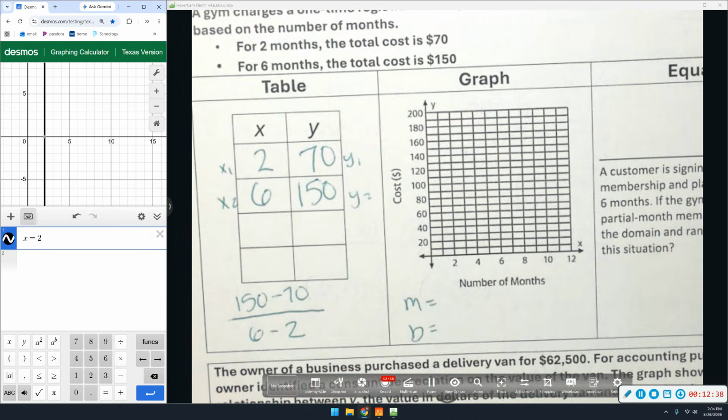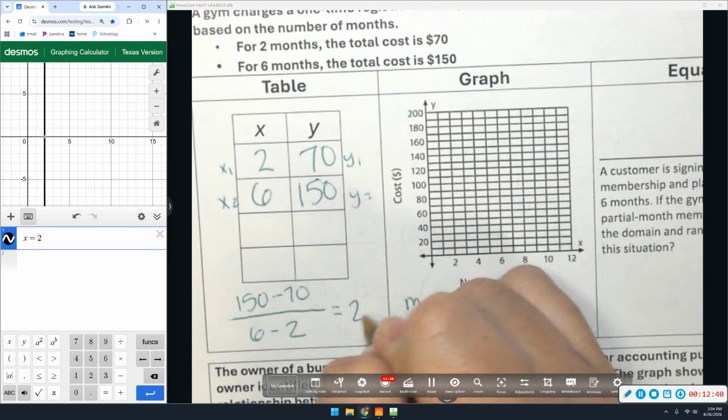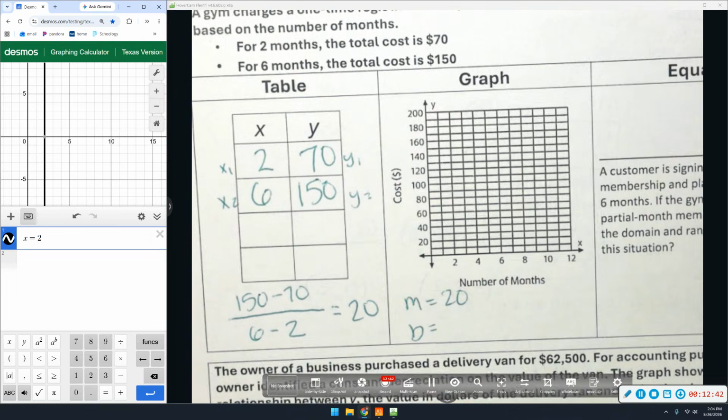Okay, when I typed out my calculator, what do we get? 20. So my slope is 20.